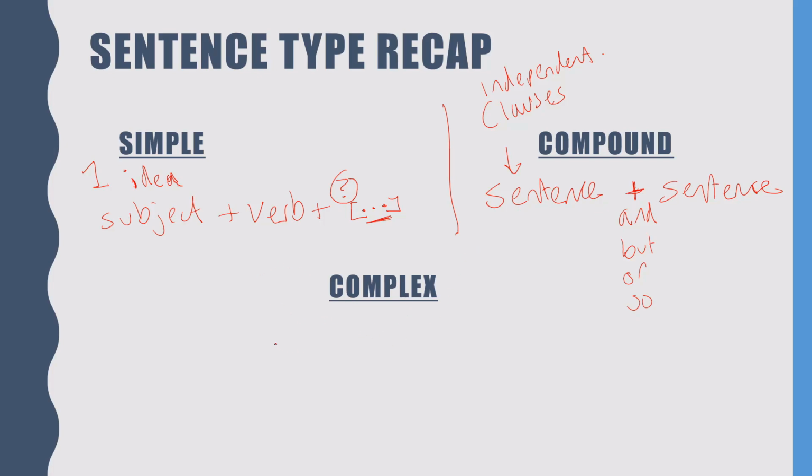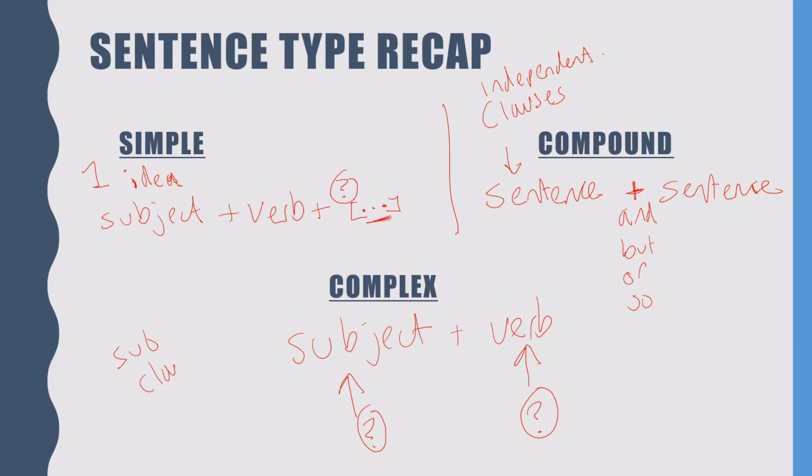Now a complex sentence is where you get a normal independent clause like the ones I just said. So you've got the subject, you've got the verb, and you ask yourself a question about the subject, or a question about the verb, and then you answer that question with a subordinate clause, which adds more detail, and you put a comma between it.